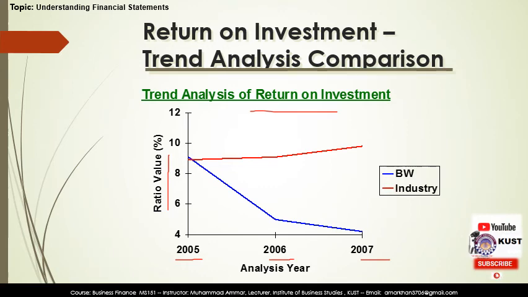So this clearly shows that Basket Vendor is far below the industry average. The blue line is for Basket Vendor and the red one is for the industry average. So yes, in 2007 we see there is a huge difference between Basket Vendor and the industry average.